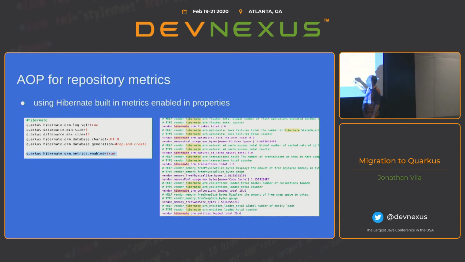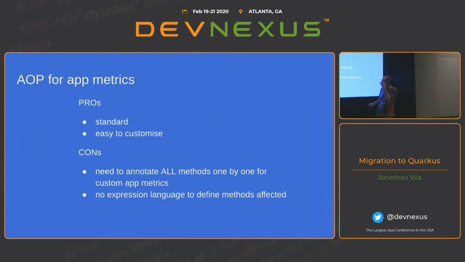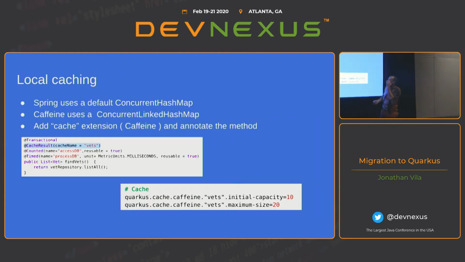For Hibernate, recently we have, as you can see there, this property that enables the metrics for Hibernate. Okay, and you will see all the metrics collected here in the response.